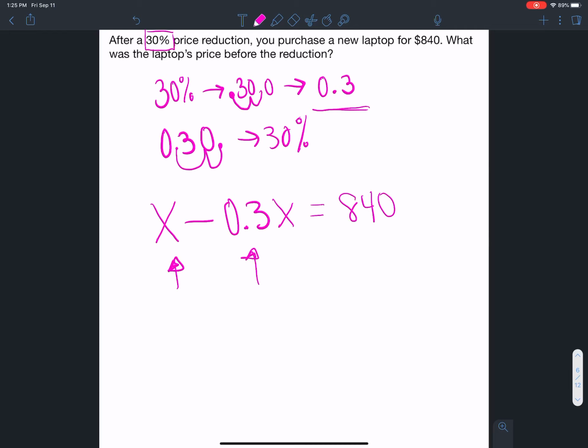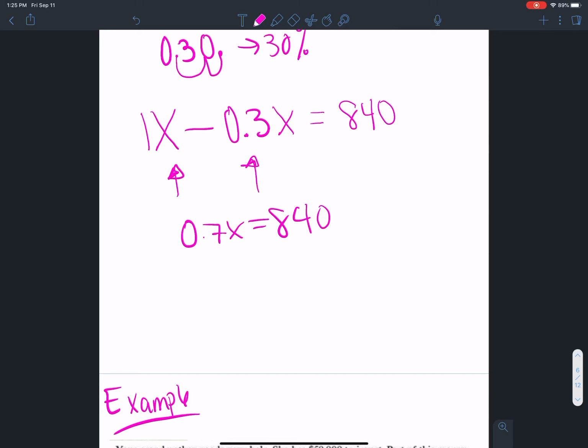So X, you can call that 1X, that's understood 1. 1X minus 0.3X is 0.7X, equal to 840. We're going to isolate X, so let's divide by 0.7. Divide by 0.7. And you're left with X equal to 1200.